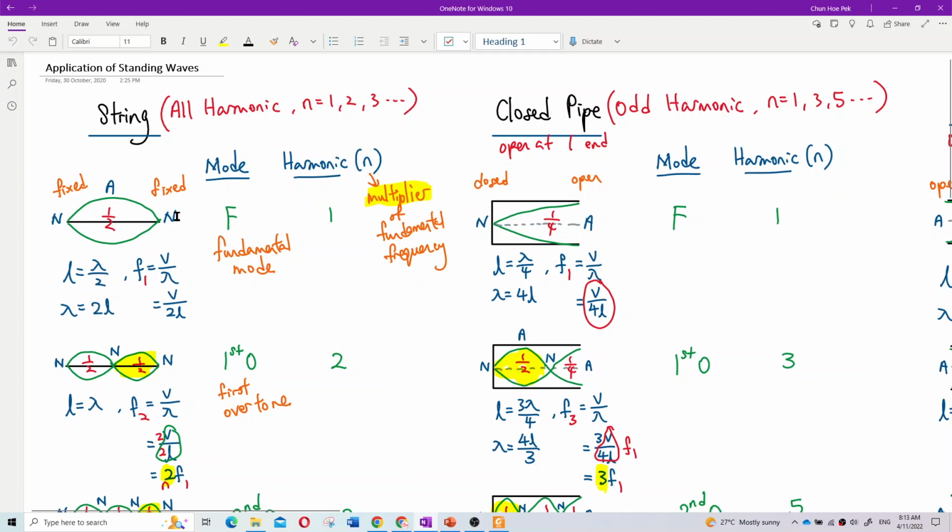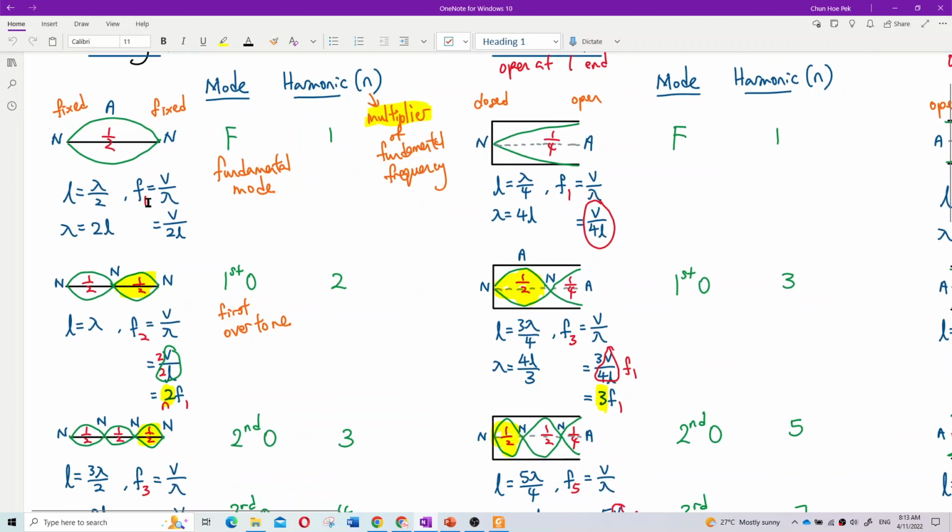And then going to the next overtone, we add another half lambda. So now this is how many lambda? Tell me, how many lambda, class? One.